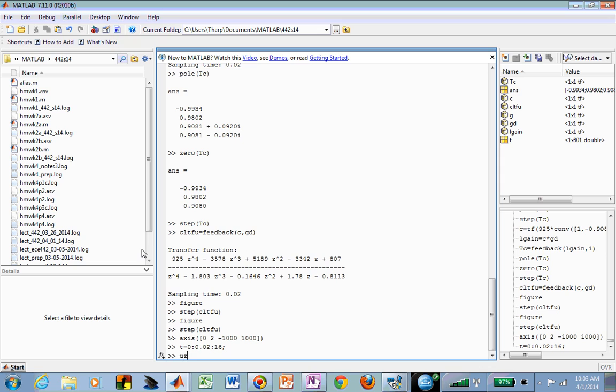Now let's build, or actually create, the input waveform that results from that time response.